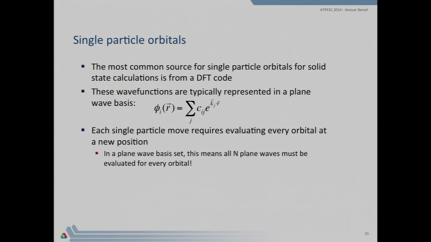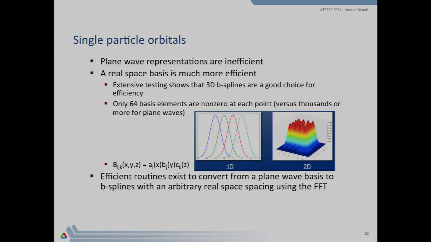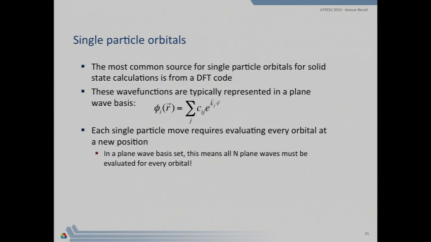So this means that for every move, we need to redo the n plane wave evaluation for every orbital, which can be very heavy. So the first thing that most people, or actually almost everyone, does is not to use plane waves. Plane waves are completely inefficient.